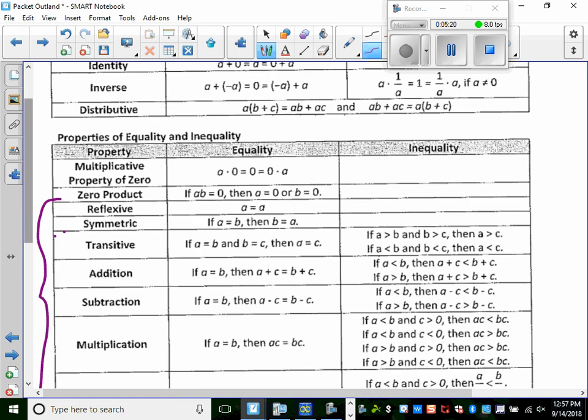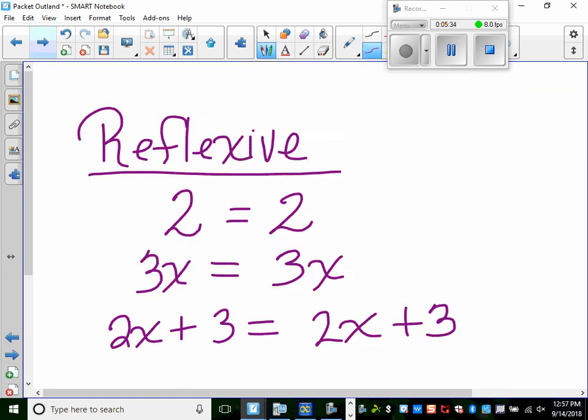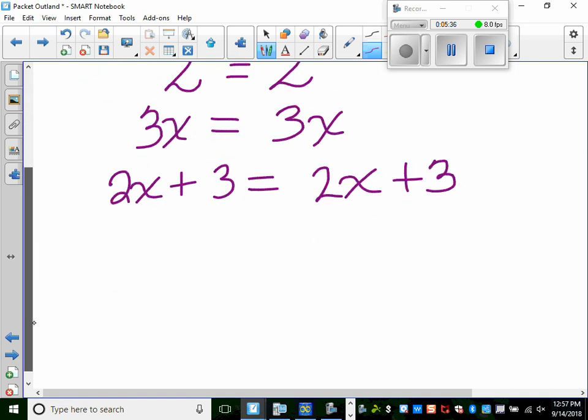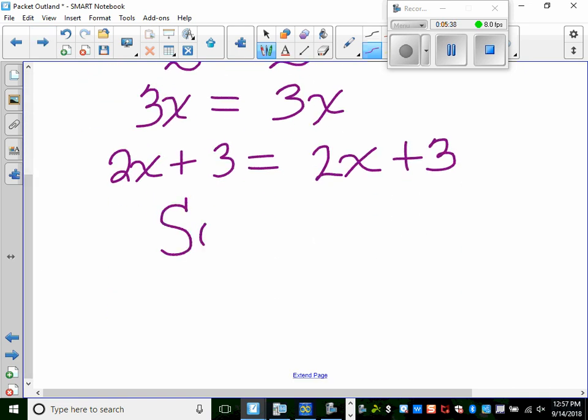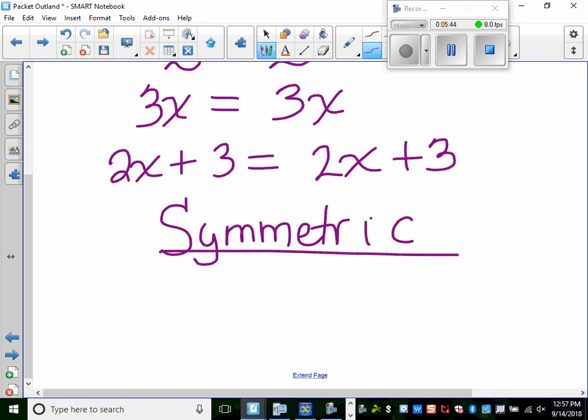We're going to look at symmetric property. And this is where I always call it flip-flop, because basically it's saying if you have A equals B, you put the B term on the left side first and say B equals A. Let's see what that looks like. So for symmetric, that would be something like this.